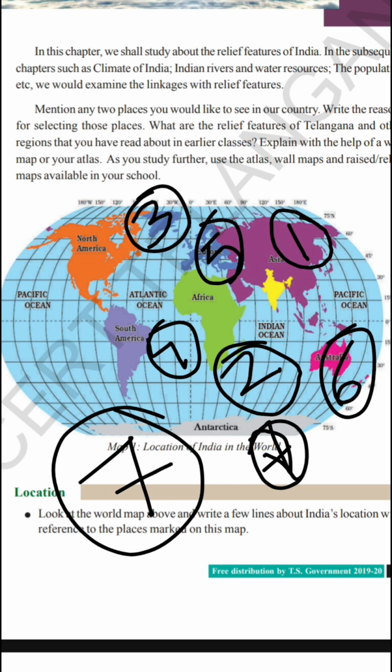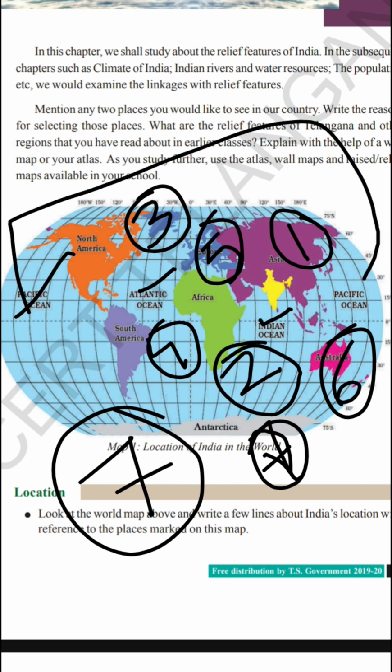These are the 7 important continents we have. Also, you can point out the Pacific Ocean, Atlantic Ocean and Indian Ocean, and you can find the Pacific Ocean shown on both sides.